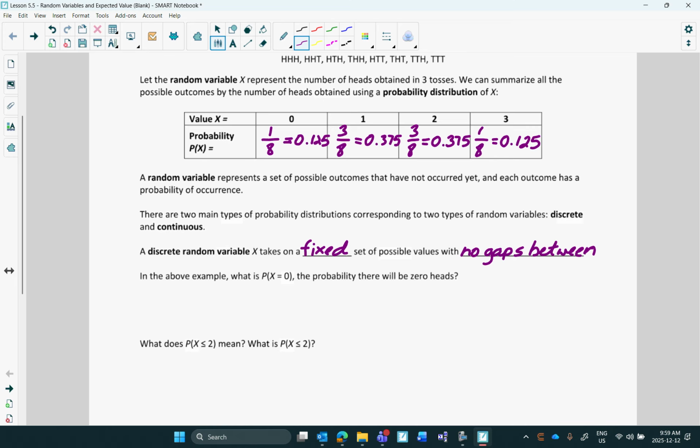If it was continuous, that means there's a probability of getting fractions between 0 and 1, fractions between 1 and 2, and so on, which is impossible. I mean, there's no such thing as the probability of 2.5 heads or 1.79 heads. That makes no sense. It's either 0, 1, 2, 3, 4 possibilities. Continuous could be a whole string, fractions included. So we're going to focus on discrete right now.